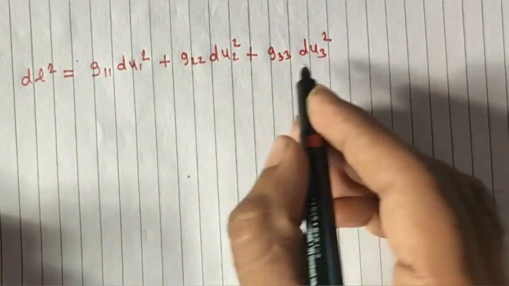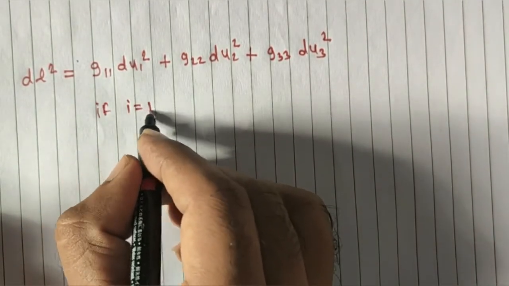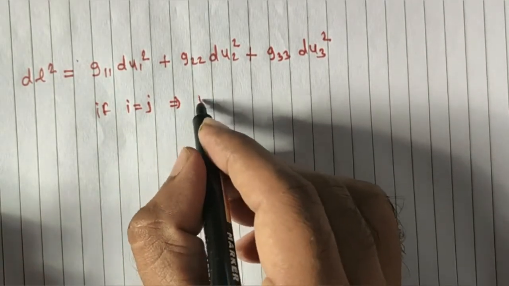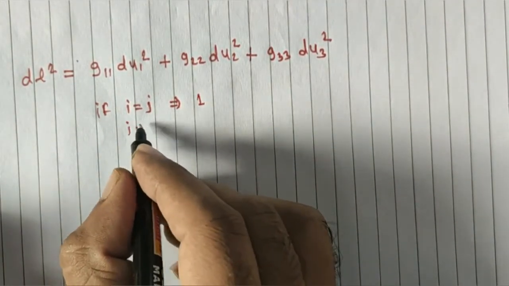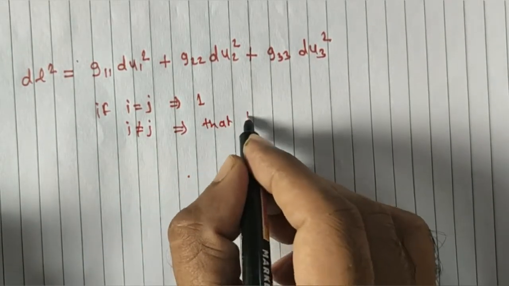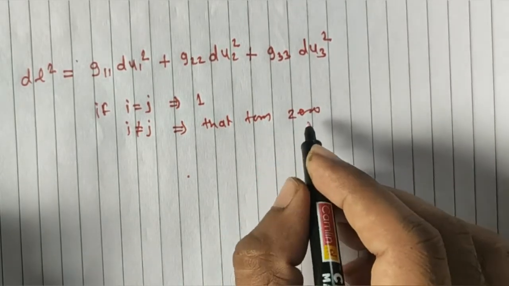For i and j, if i is equal to j, then the term will survive. If i is not equal to j, that term will be 0.